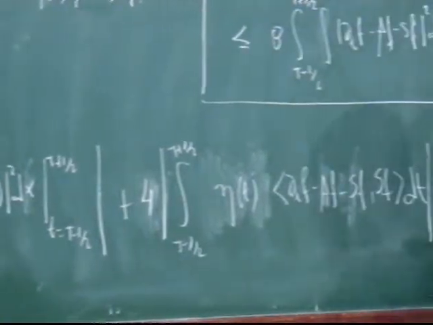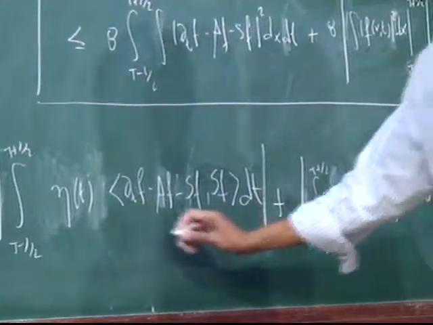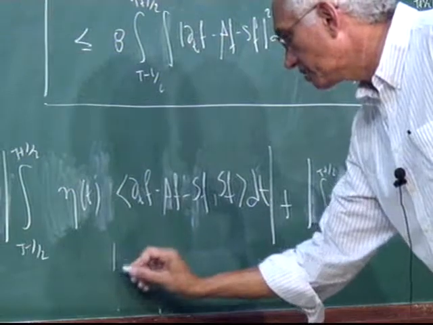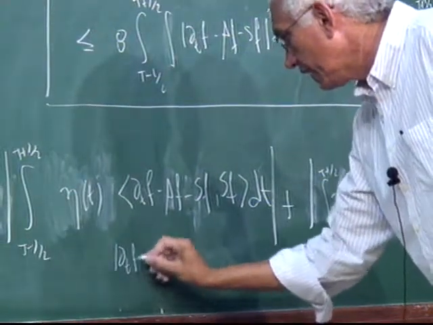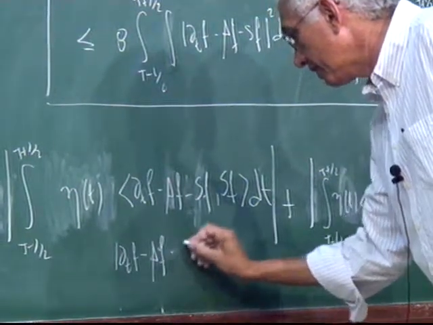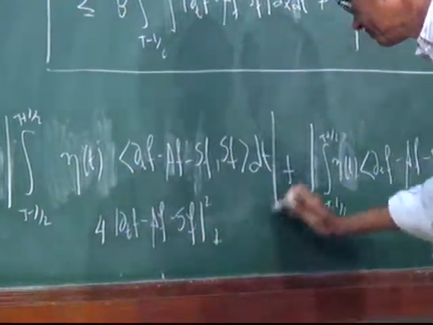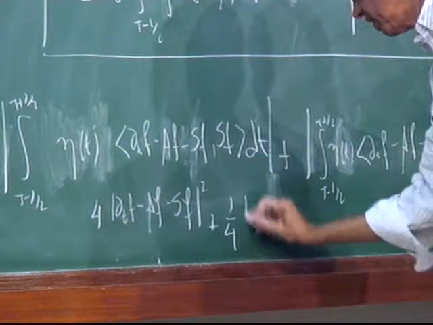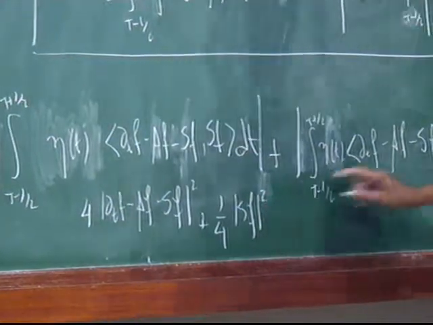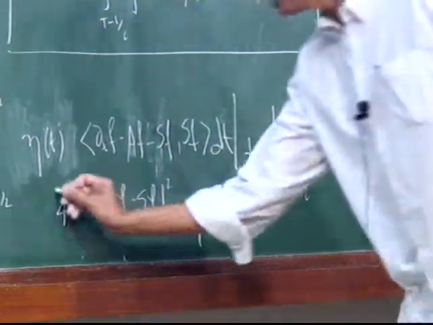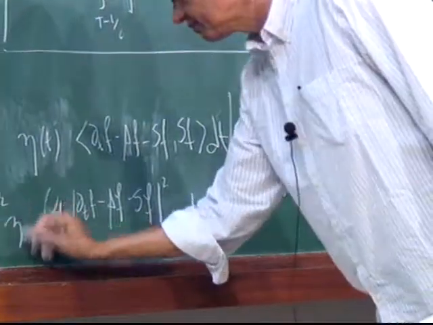Okay, what are you going to do? You're going to bound this. You're going to bound this in this way. This is dt of f minus a of f minus f of f, maybe with 4 plus 1/4 of s of f squared. And you're going to bound this, all this multiplied by eta.